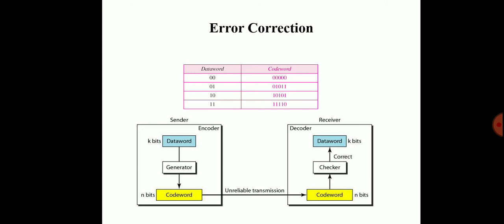So comparing the received code word with the first code word in the table, 01001 versus 00000, the receiver decides that the first code word is not the one that was sent, because there are two different bits.